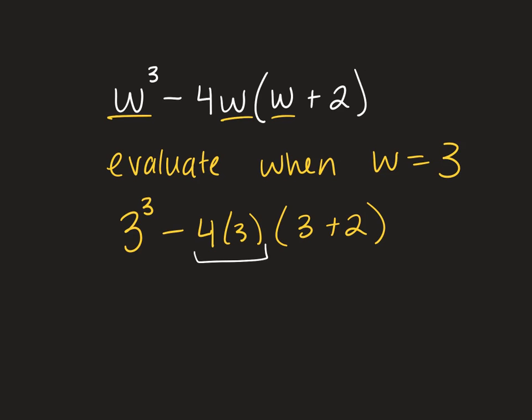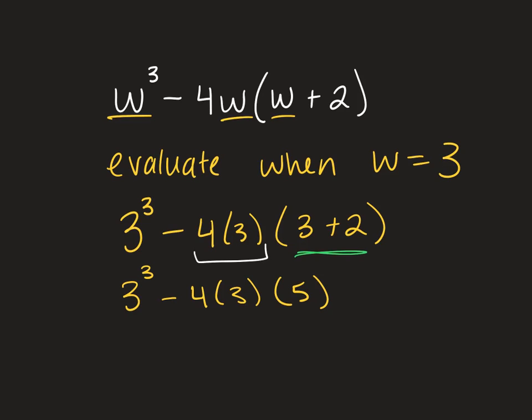All right, so then we use order of operations, right? So we're going to do our 3 plus 2 first. So 3 to the third minus 4 times 3. And then 3 plus 2 is going to give us 5. Then we do our exponent of 3.